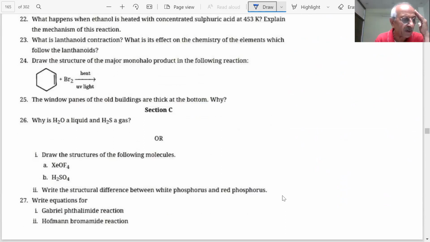Every question is important. What happens when ethanol is heated with concentrated H2SO4 at 453 K? Explain the mechanism of the reaction. A very important question. You have CH3CH2OH, this is our ethanol, student. If you heat it with concentrated H2SO4, the temperature here is high, 453 Kelvin.